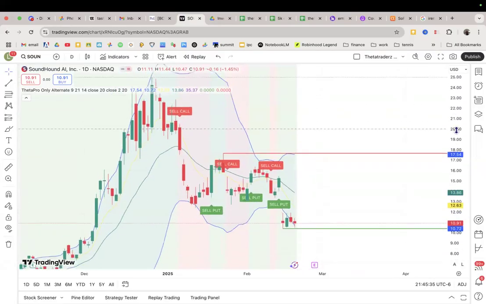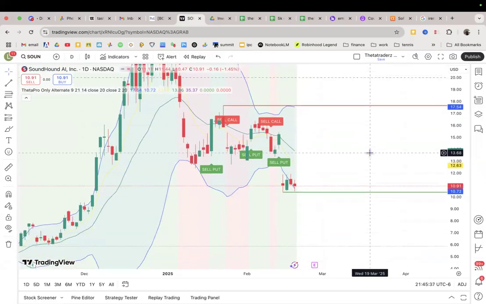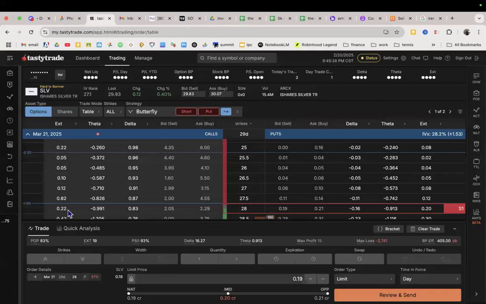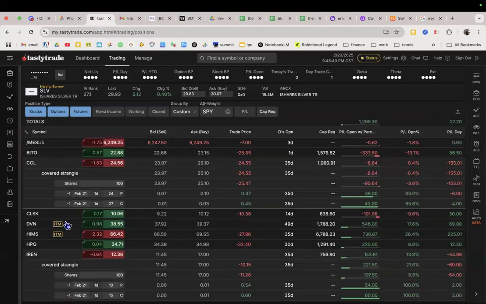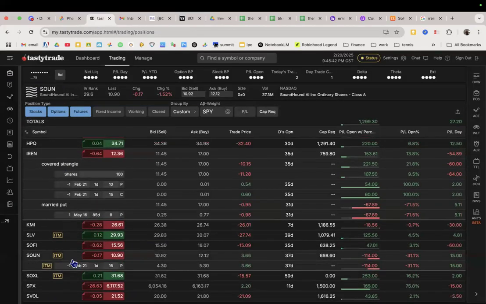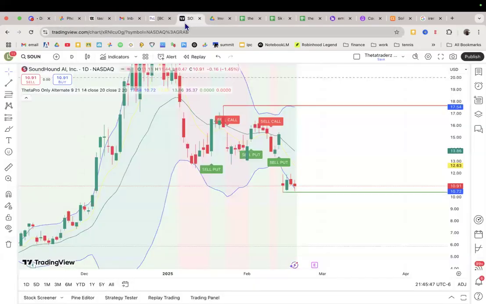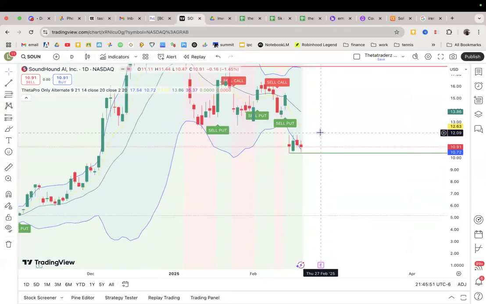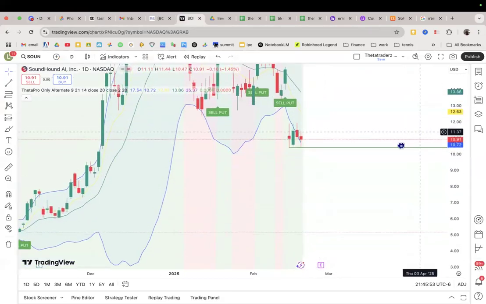All right, so let me look at SOUN real quick because this one's having trouble. I sold a 16 put, I think. Yeah, I sold a 16 put, and I'm a little negative on it. It had a big drop, as you can see. Sorry, I'm losing my voice a little bit.